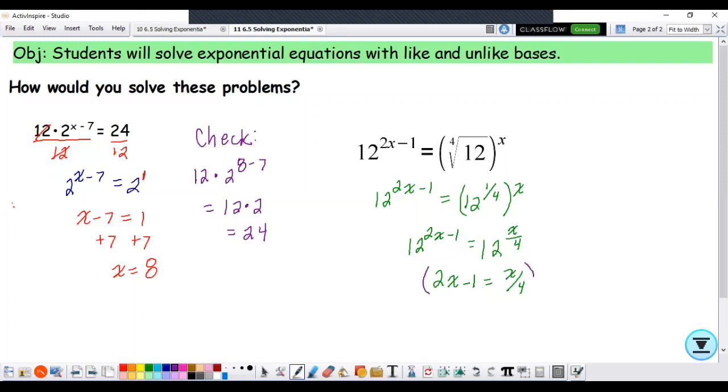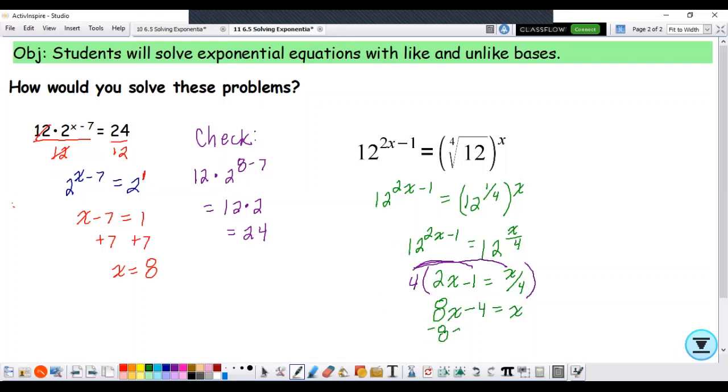Multiply everything in the equation by the denominator of your fraction. Take 4 times everything in this equation. So 4 times 2x is 8x. 4 times negative 1 is minus 4. And when I take 4 times x over 4, we have x.